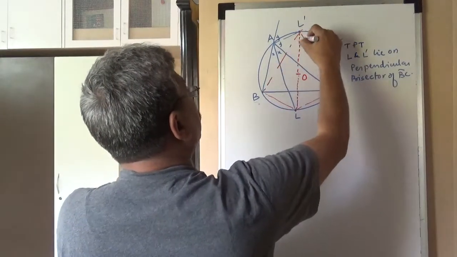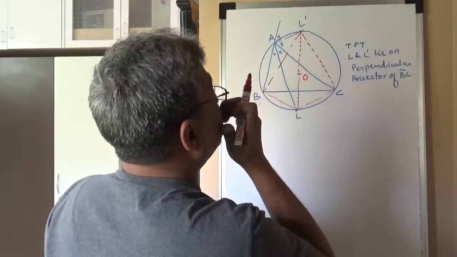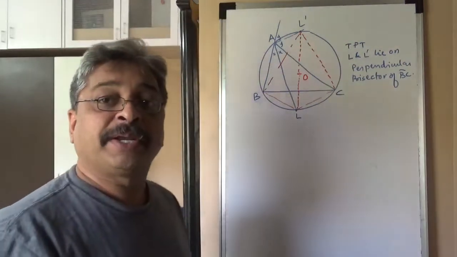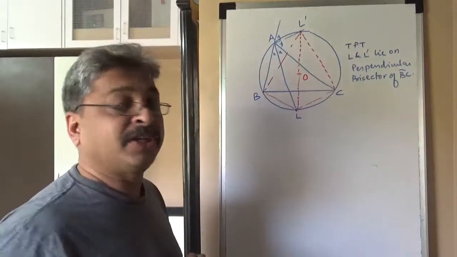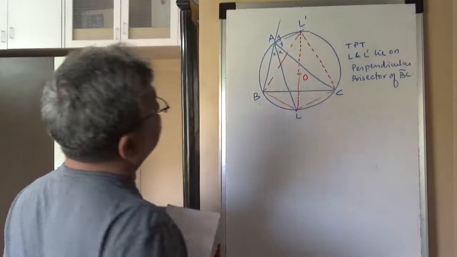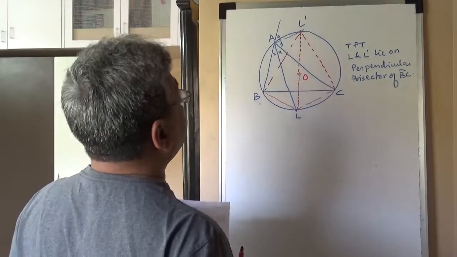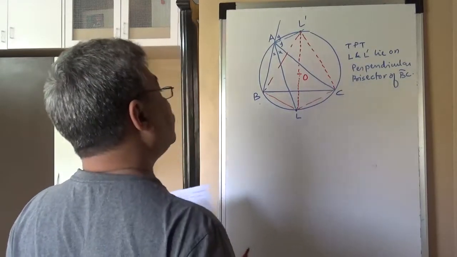Similarly, if we show that point L dash is also on the perpendicular bisector, that means L dash B and L dash C are equidistant. So how do we show that L is equidistant from B and C?